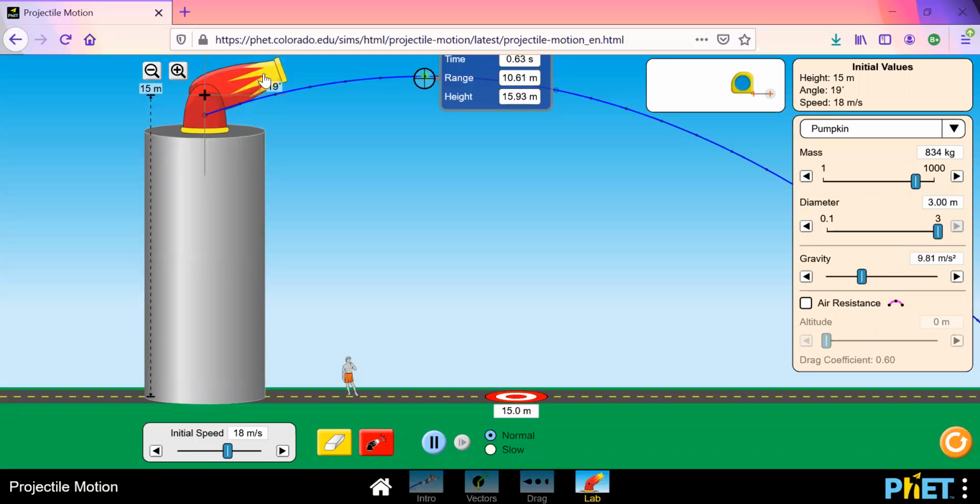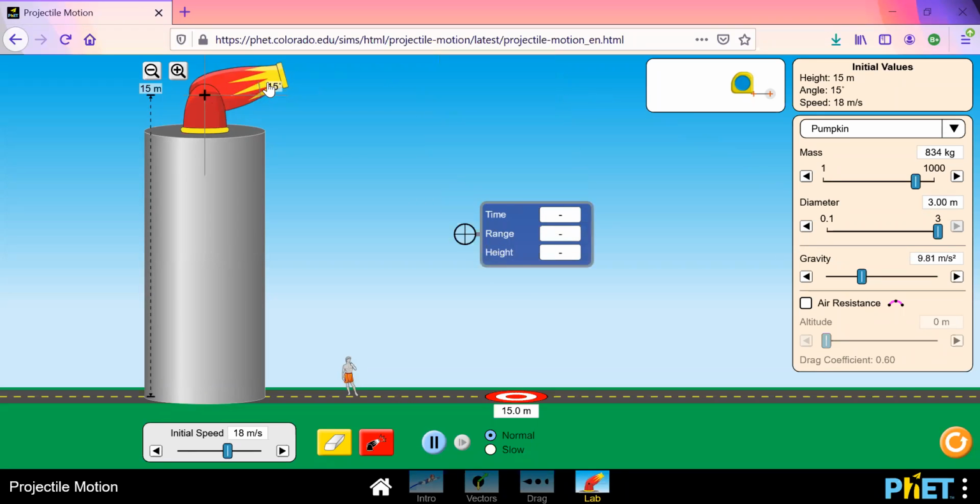We start at 15 and 15 degrees. And for each 1 meter down, you want to increase the angle by 5 degrees. 15 at 15, 14 meters at 20, 13 at 25, so on and so forth. Questions there? We start at 15 and 15 degrees.